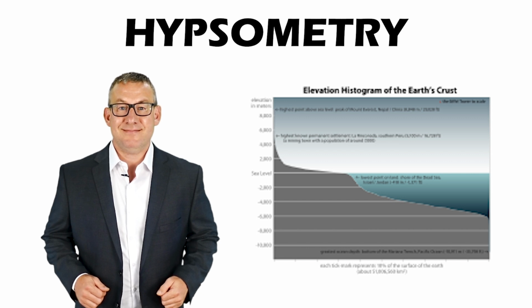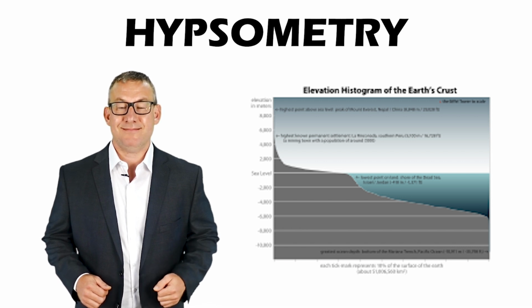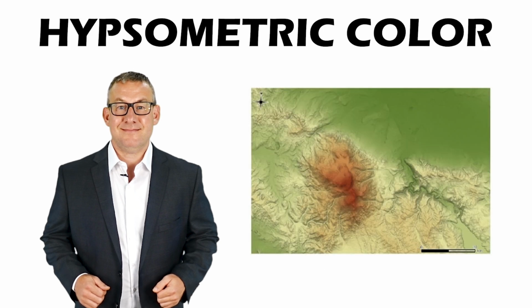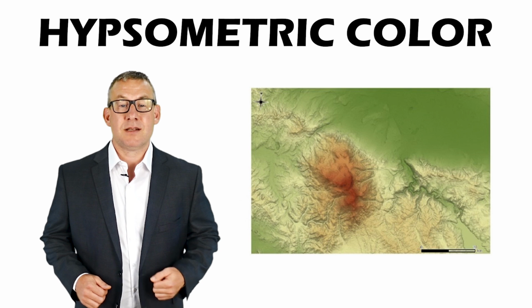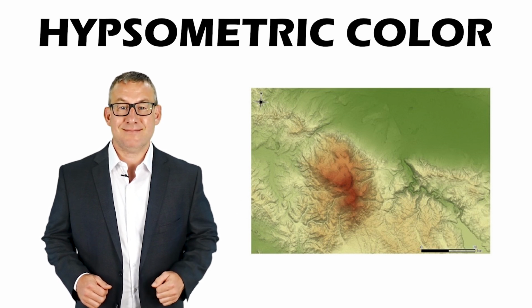Hypsometry. Hypsometry is the measure of land elevation relative to sea level. Hypsometric color. Hypsometric color is coloring or tinting elevation intervals between contour lines.